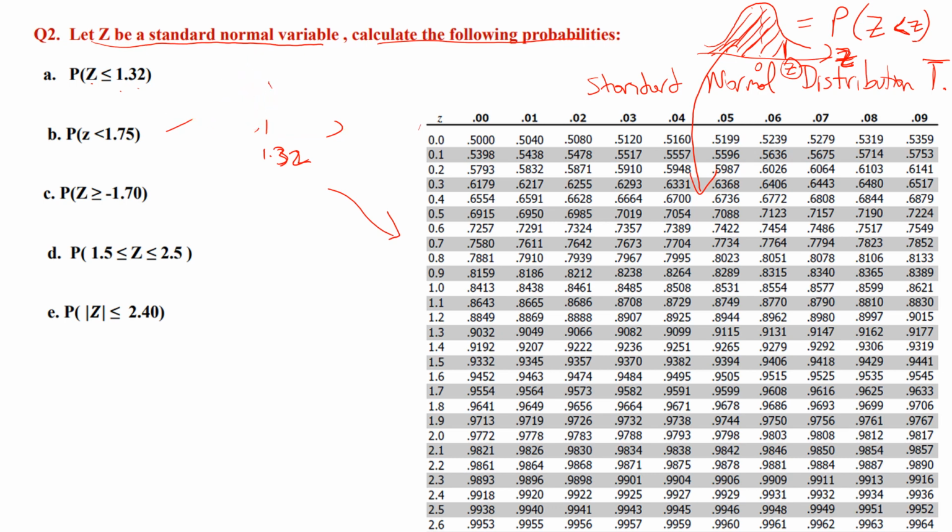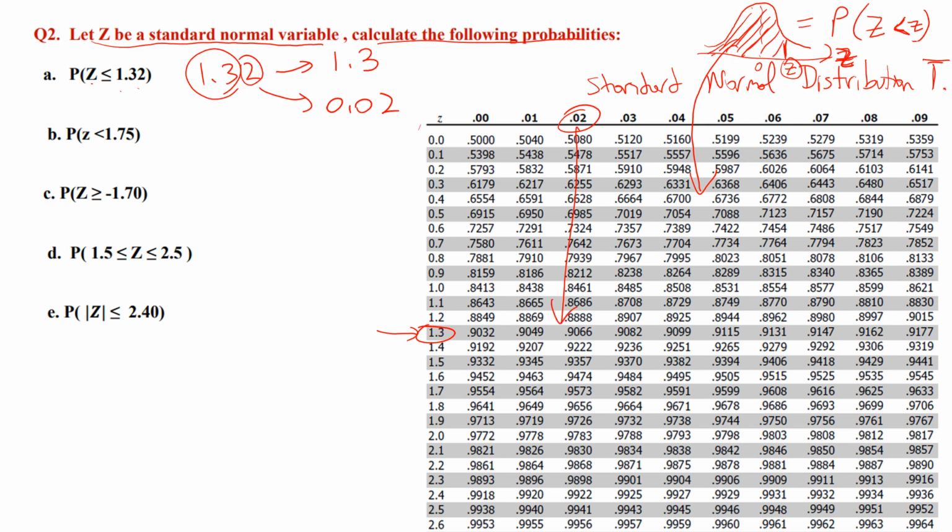We break the number into two parts: 1.3, the first part, and 0.02, the second part. So 1.3 is here, and 0.02 is here. It will correspond to 0.9066.